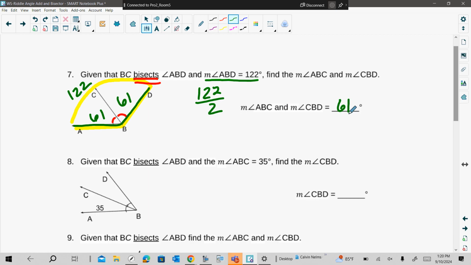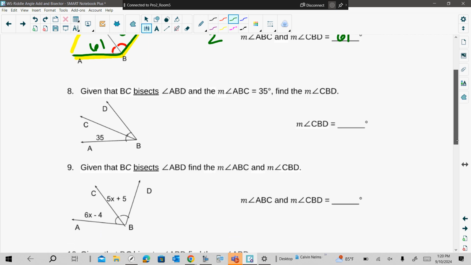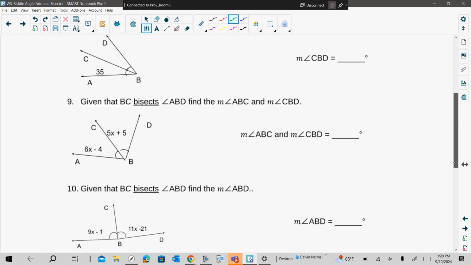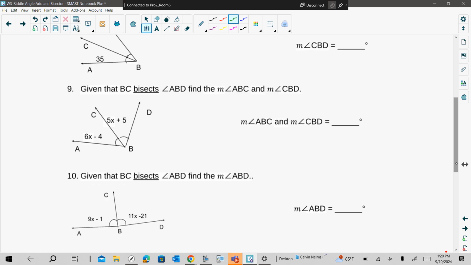When we get to number 9, jump to number 9 with me. They're giving you the two parts. They're labeled for you right here. Because I see both parts, it's part equals part to solve. So the left adjacent angle, 6x minus 4, is going to equal the 5x plus 5.